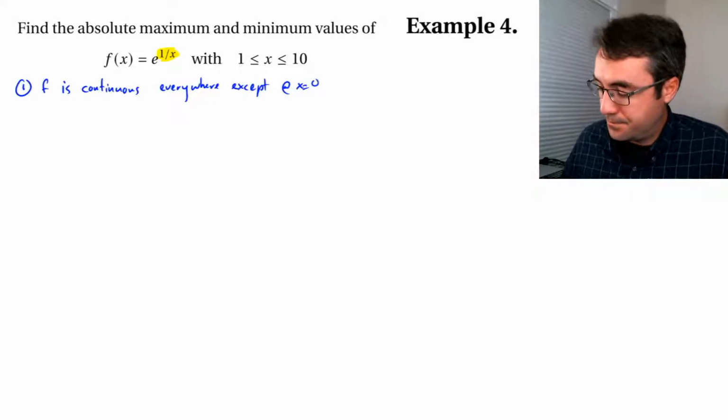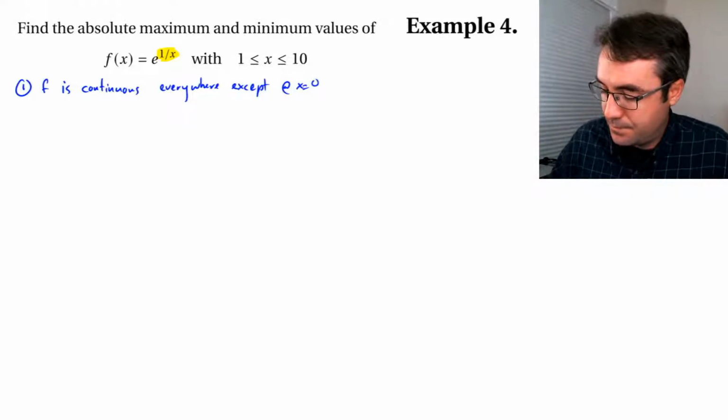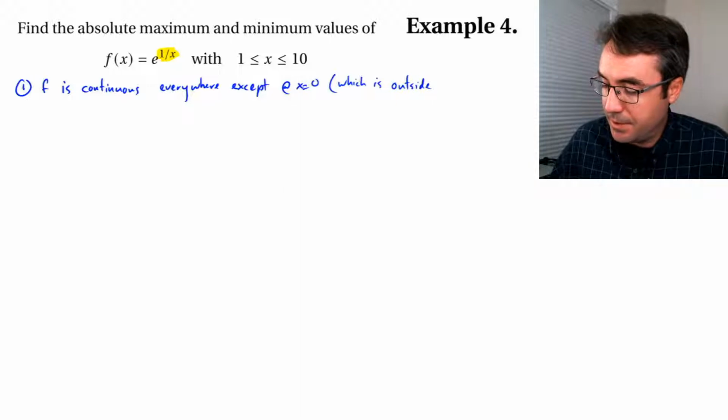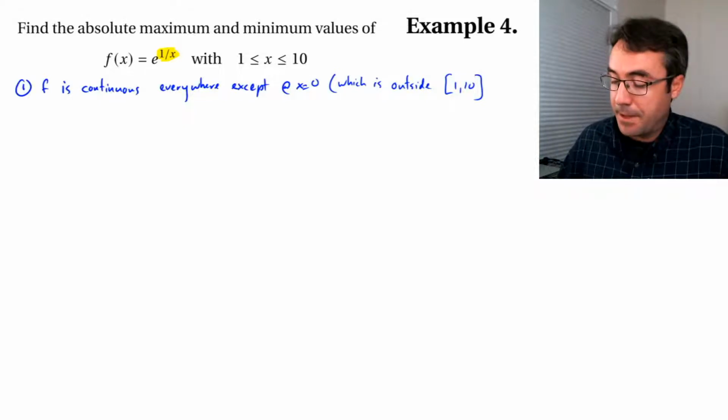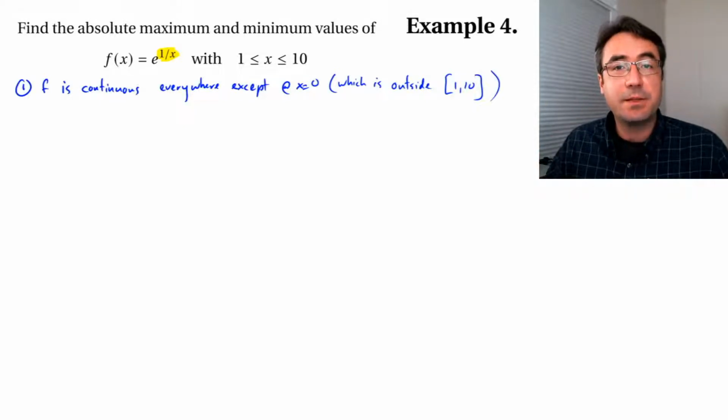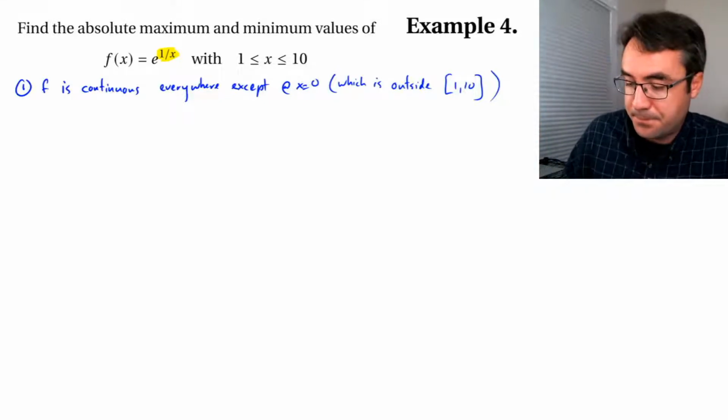So it's outside our interval, so it doesn't really matter in terms of finding an absolute max or an absolute min here. So our function is continuous on that closed interval, and we're dealing with a closed interval, so we're guaranteed to have an absolute max and an absolute min.